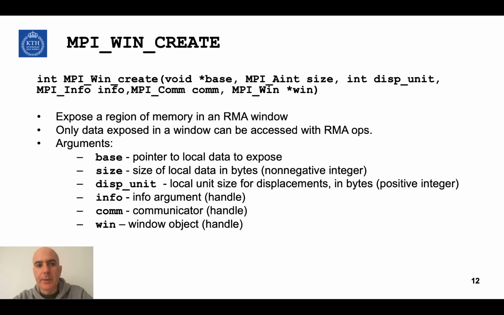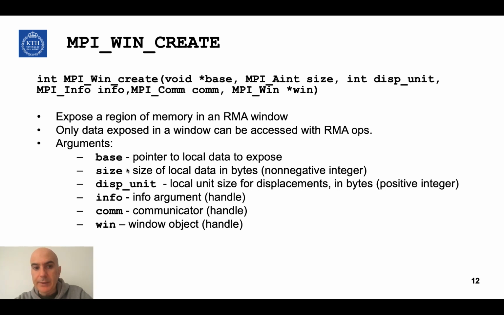So let's look at the MPI_Win_create function. It exposes a region of memory in an RMA window. One of the arguments is the handle to the window object, and then we provide the following arguments. We have the base pointer to the local data to expose, so we allocate some memory and then provide the base pointer to the local data.